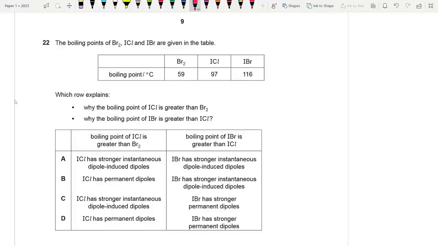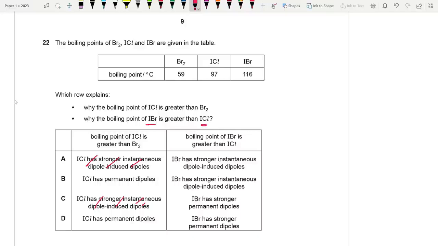So the reason is ICl has permanent dipoles for the first one, and here IBr and ICl both have permanent dipoles. It's just that IBr has a boiling point of 116 compared to 97 in ICl. Why is that?